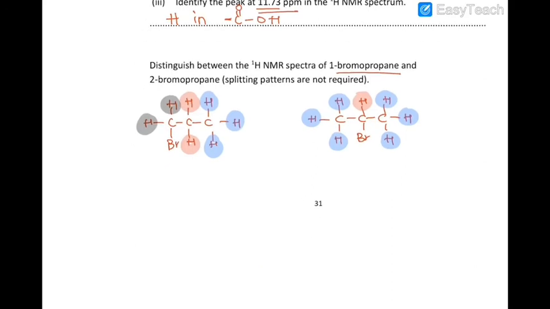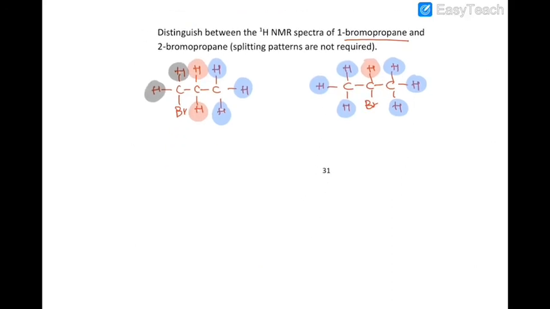So if you look at these two spectra, here you're going to have 3 peaks, while here you're going to have only 2 peaks. The 3 peaks are going to be in the ratio 2:2:3, and here you're going to have 2 peaks in the ratio 6:1. So that's it. With this we end with H NMR.